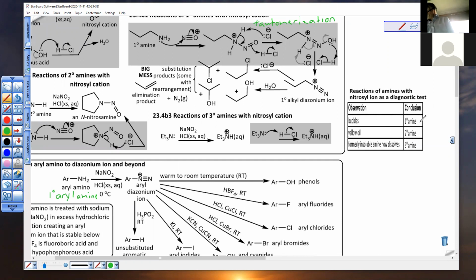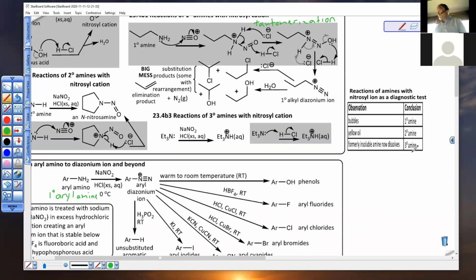If you had a primary amine, either here or down here, you'd see bubbles because the byproduct is always N2 leaving. If you had a secondary amine, you'd see a yellow oil due to a nitrosamine. And if you have a tertiary amine, you'd see the amine that wasn't dissolving in water before all of a sudden dissolves. There'd be no yellow oil, there'd be no bubbles.